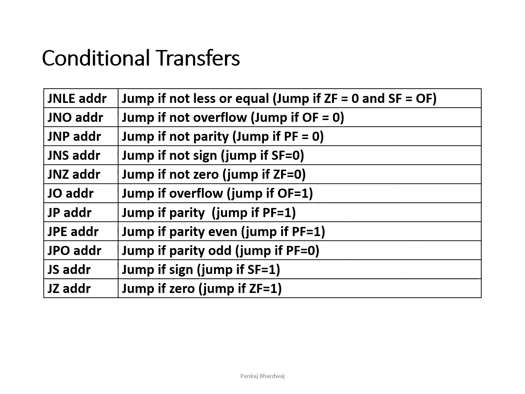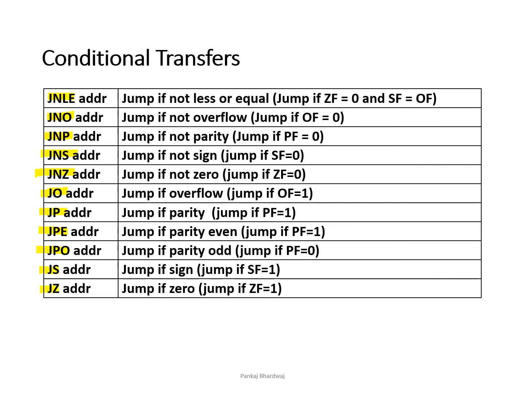The first one is JNLE, jump if not less or equal, then jump if not overflow, jump if not parity, jump if not sign, jump if not zero, jump if overflow, jump if parity, jump if parity even, jump if parity odd, jump if sign, jump if zero.